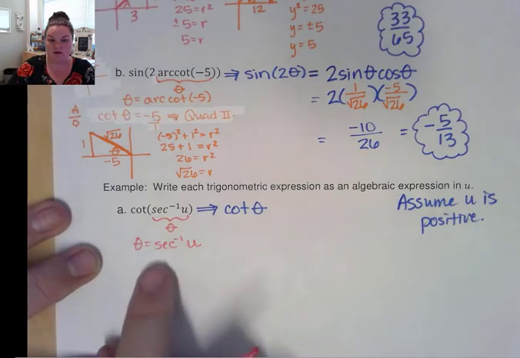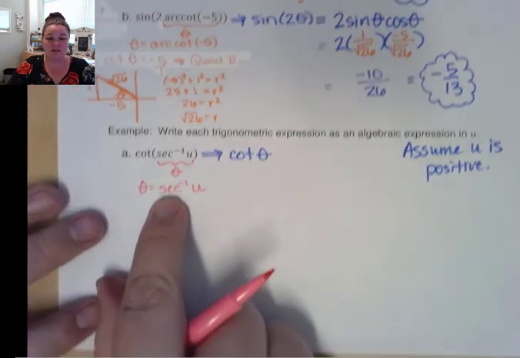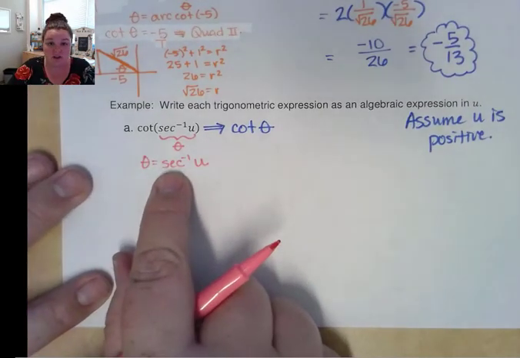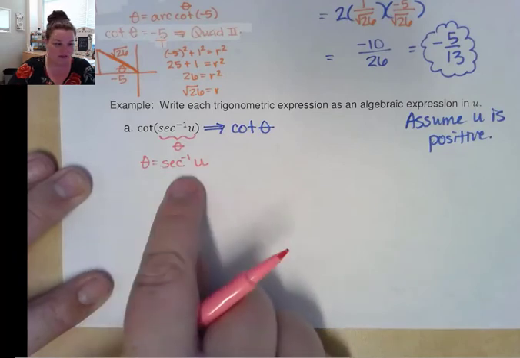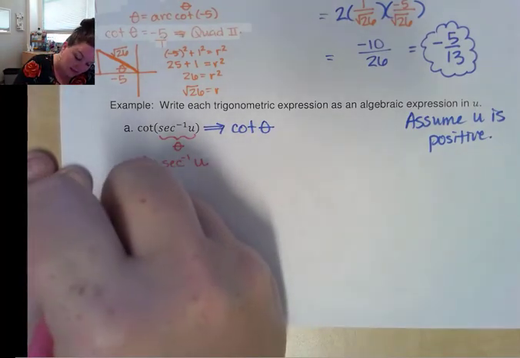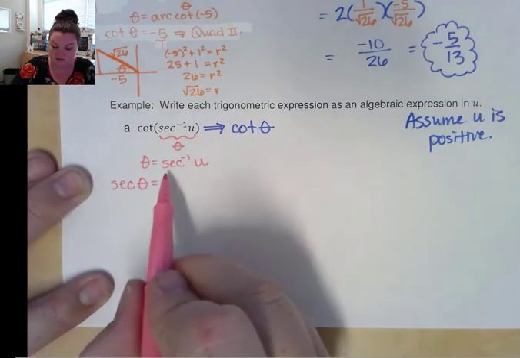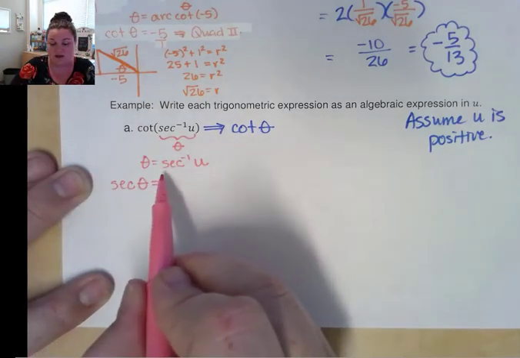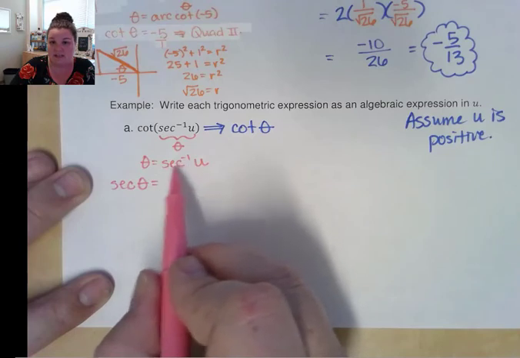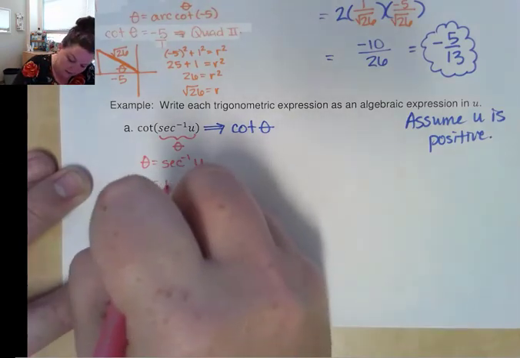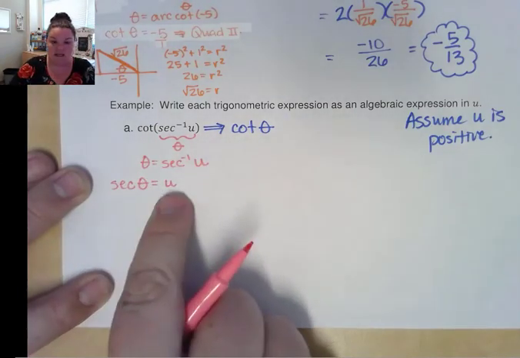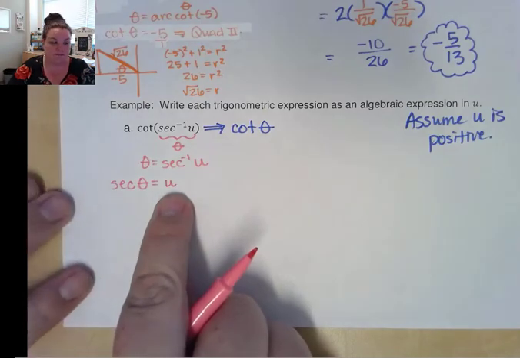Now, to get rid of secant inverse, I can apply regular secant on both sides. So I get secant theta is equal to, on the other side, my secant and my secant inverse will cancel. So this tells me that secant theta equals u.